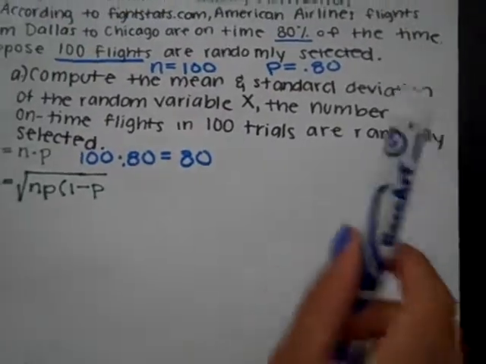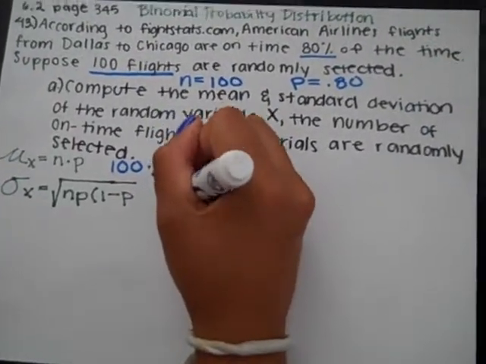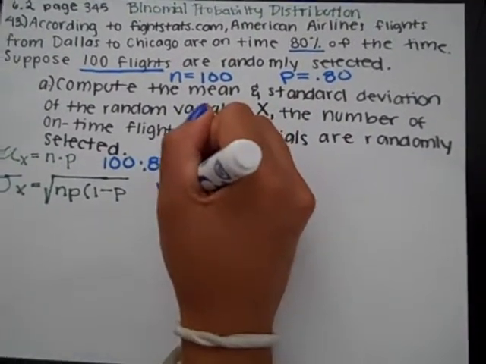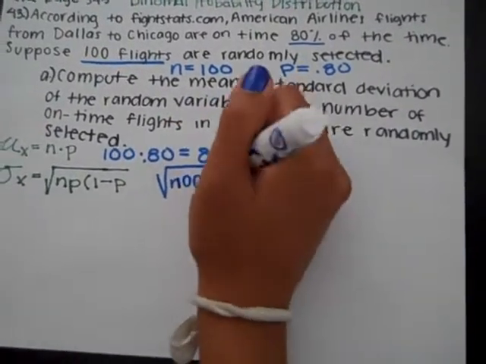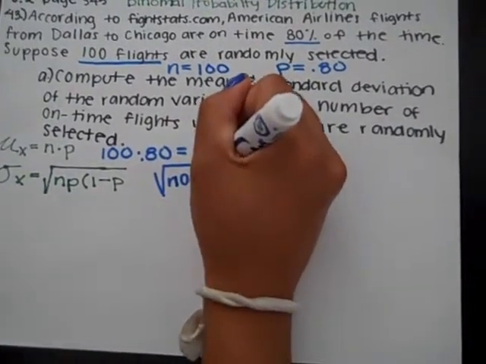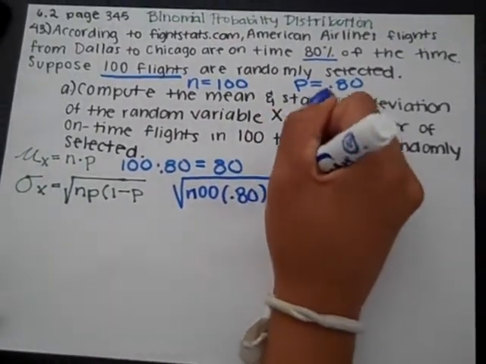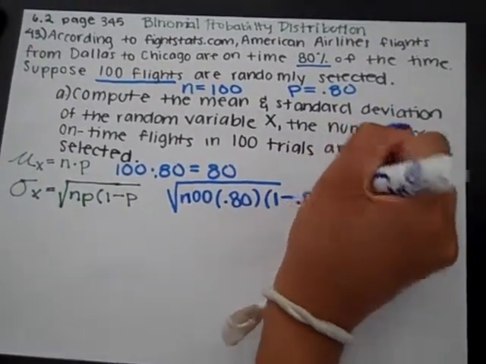So you just plug in everything. n is 100 times 0.80 and then 1 minus 0.80.